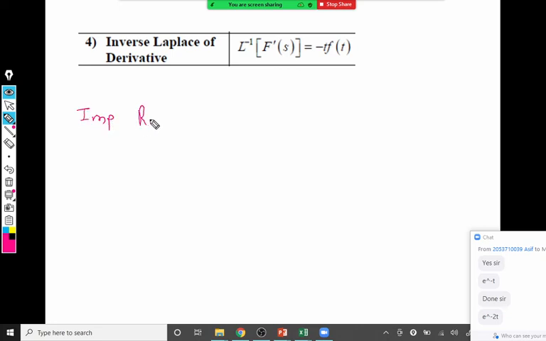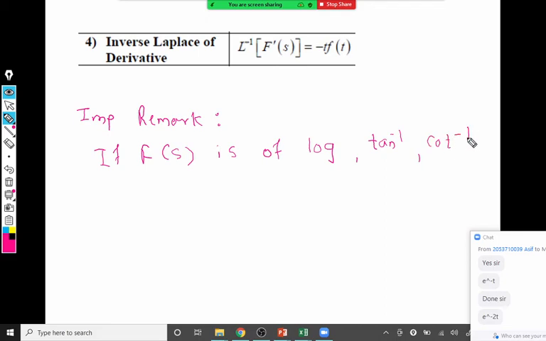I will add one important remark. When we are going to use the inverse Laplace of derivative property, if the function F of s is given in the form of log, tan inverse, or cot inverse, only these three possible ways are there, I think, where there is a need for the multiplication by t property, to remove these functions.